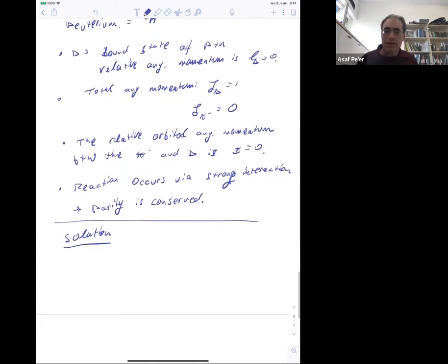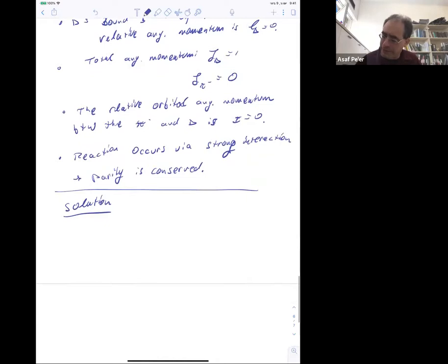Let's start by denoting the initial and final states of the orbital angular momentum by Li and Lf.